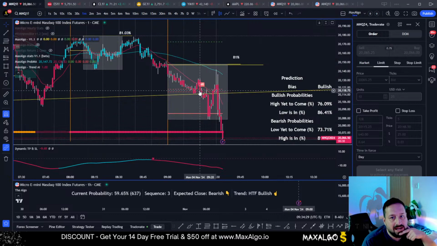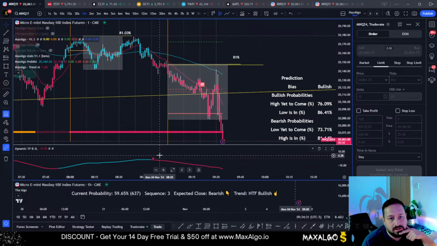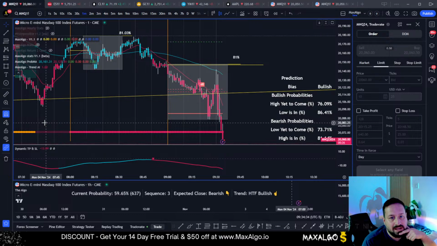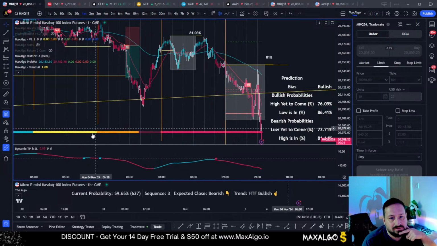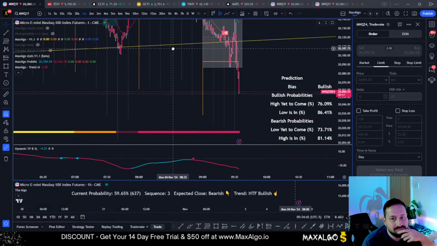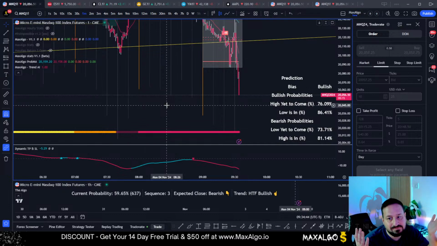When you see the hourly adding up, the dynamic TP, we get a transition bearish, right? Just got to wait.